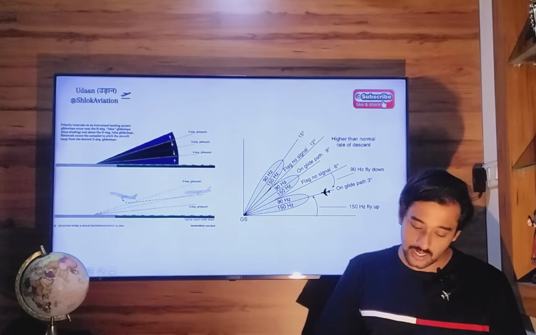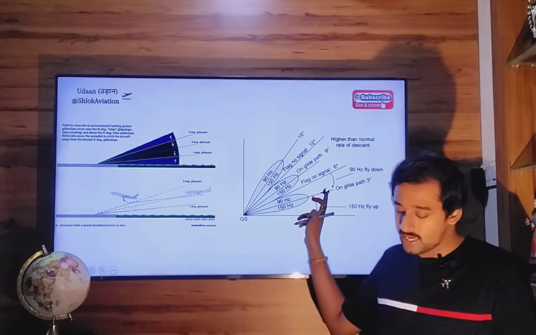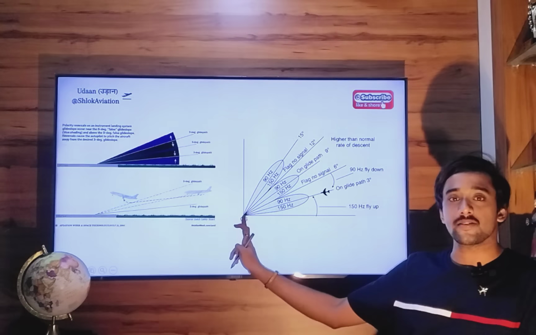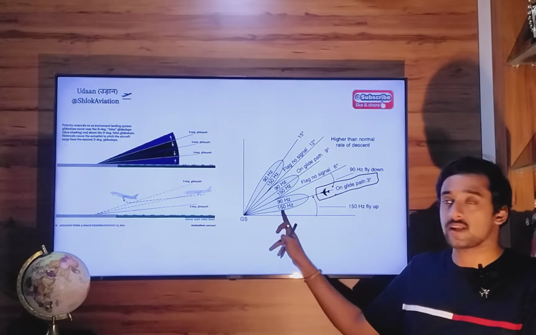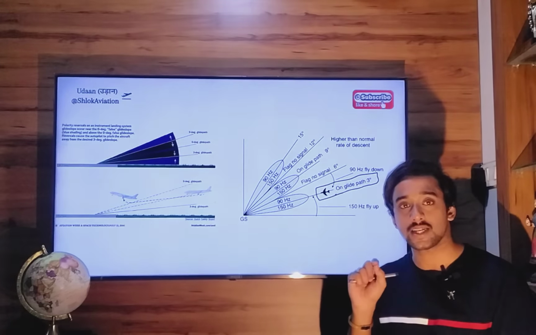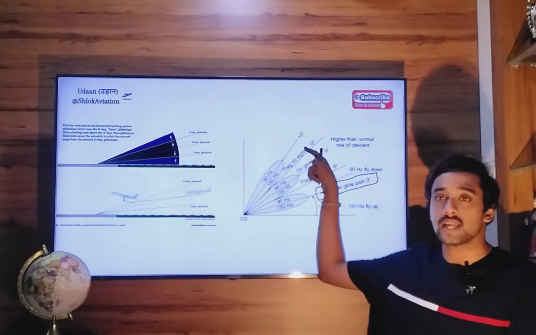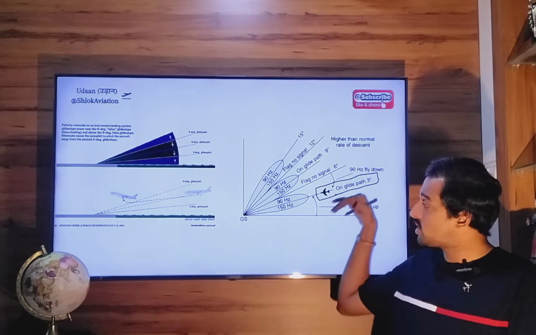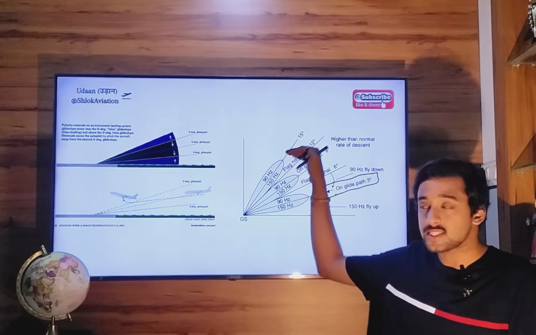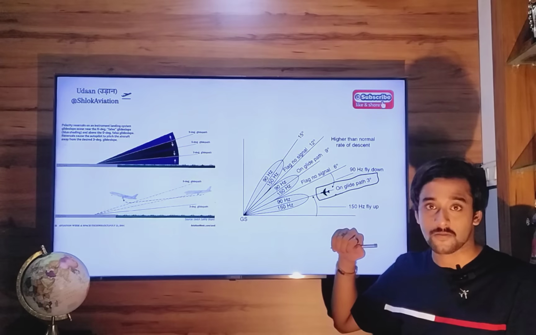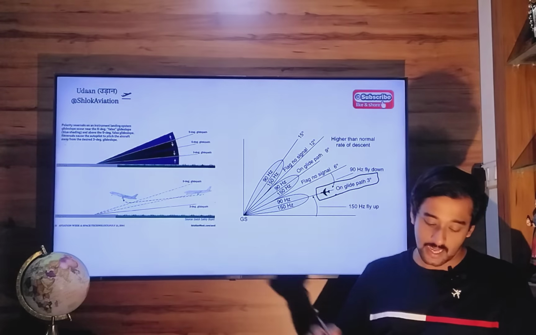So you can see over here, this aircraft is on the correct 3-degree glide path, with the 90 hertz signal and 150 hertz signal, and all the false glide path signals are generated above this. Your aircraft, instead of following the 3-degree glide path, may follow any one of these false glide path signals and fly a steep glide angle.